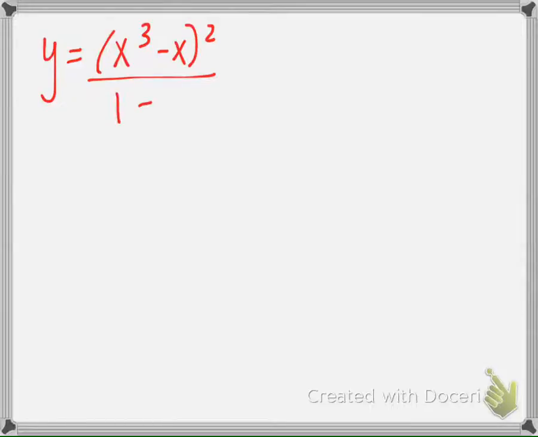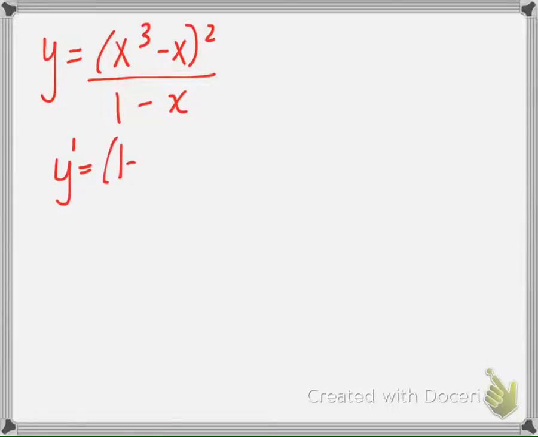So this is the function. And we're interested in when is it increasing. Okay, so we're going to do what we've done, and we're going to find the derivative, set it equal to 0. So this is going to be a quotient rule.